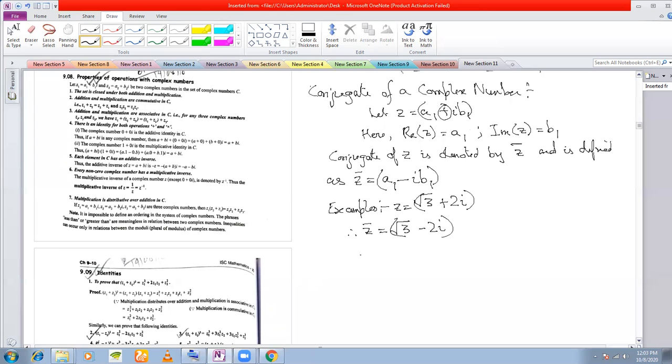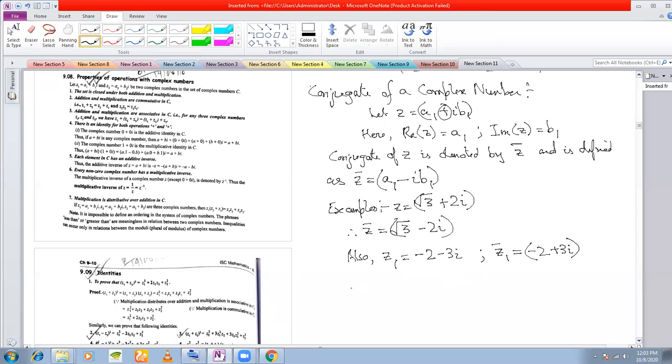And let us take another number. If I take z1 is equal to minus 2 minus 3i, then the conjugate of z1 is z1 bar. Minus 2 will remain as it is, the real part, and we only change the sign of the imaginary part. That's true. Okay. So that is how you work out the conjugate, and that is how we define the conjugate.